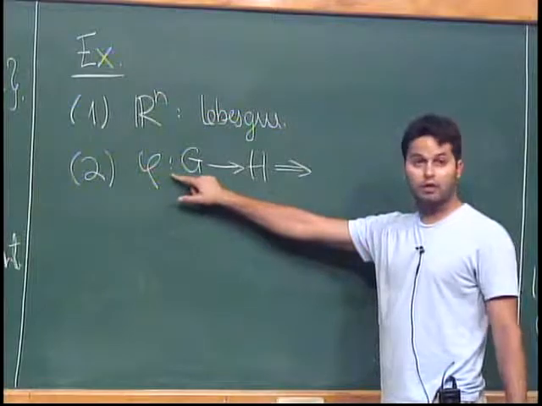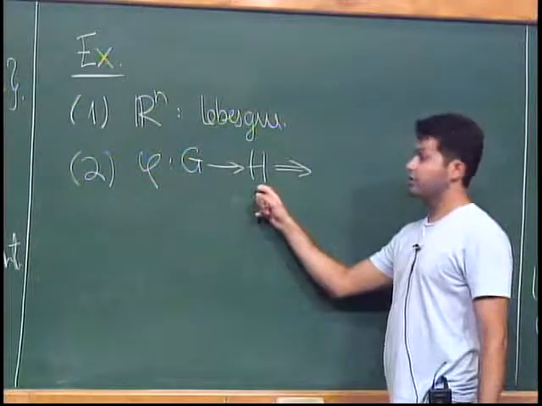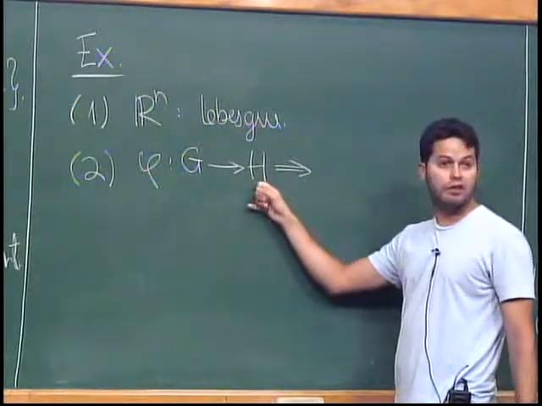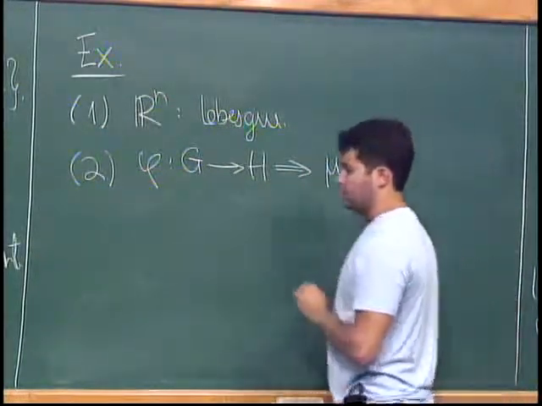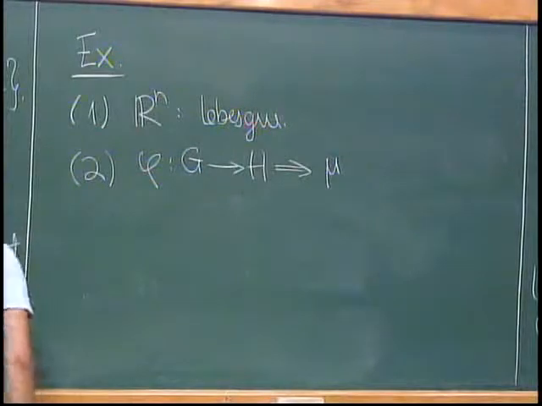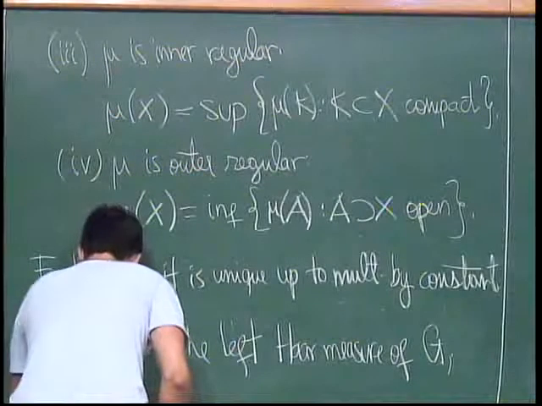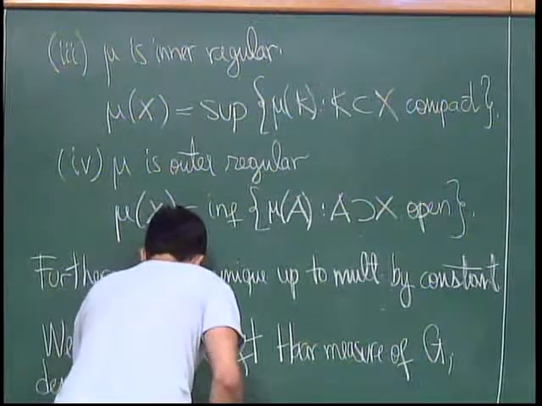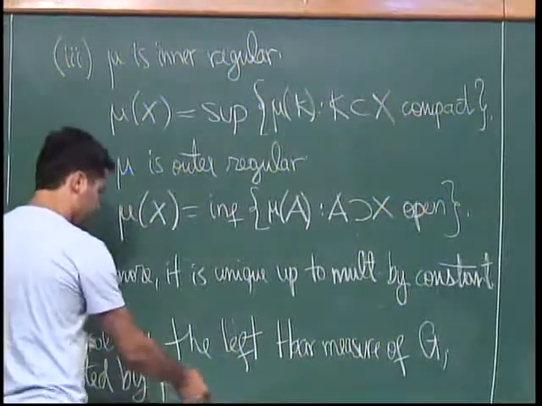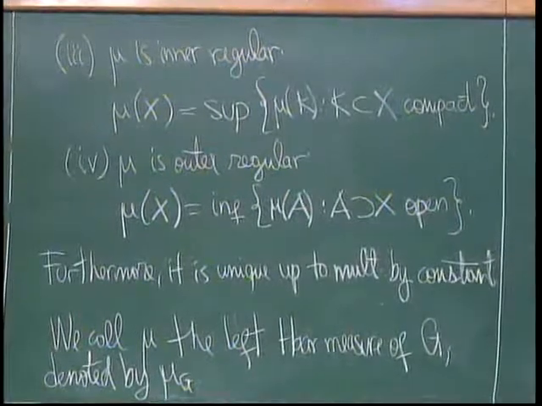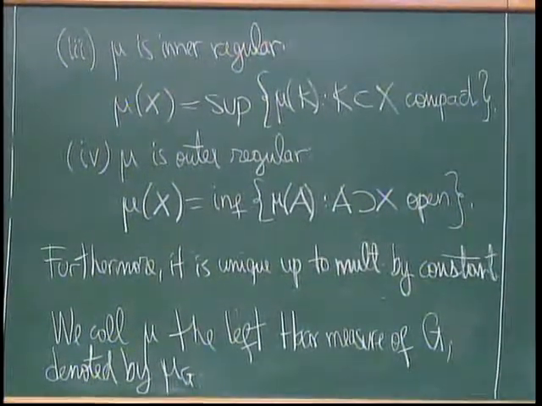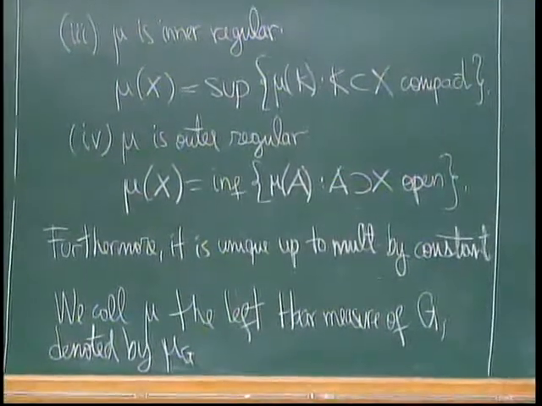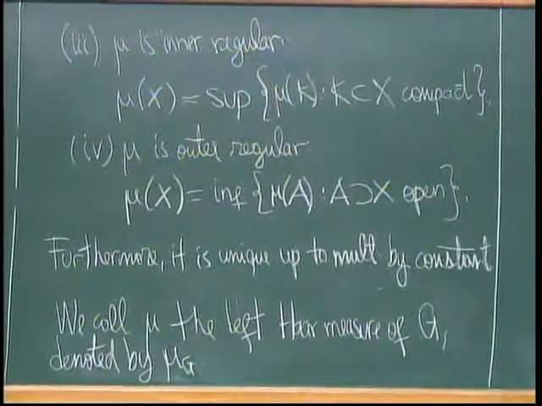And because it is a homomorphism, this new measure is going to be invariant by translations of H. So let's put an index here to mean that the measure is the Haar measure related to G. With this notation, the Haar measure of H is the push forward of the Haar measure of G.